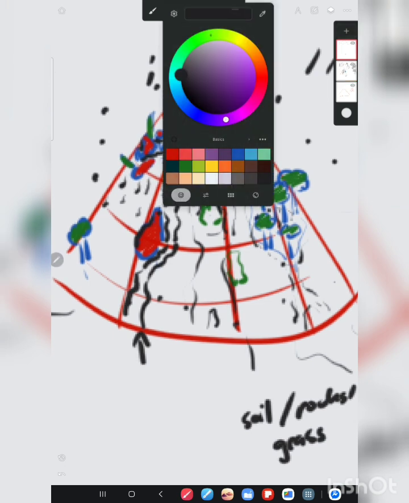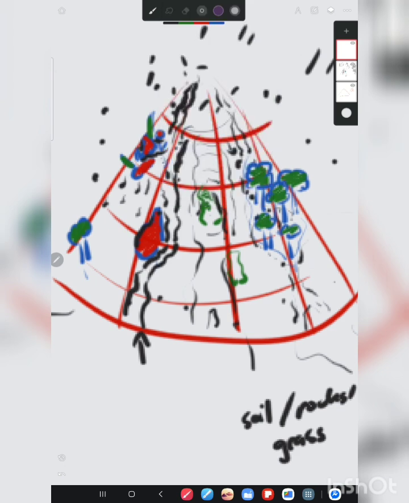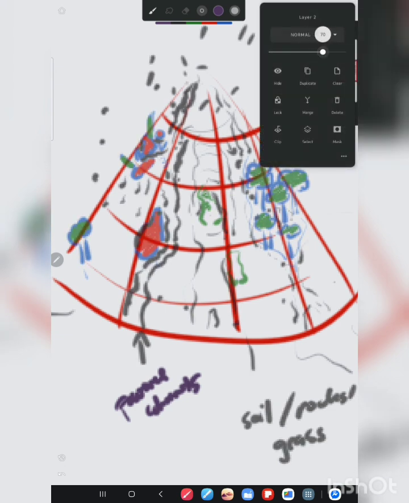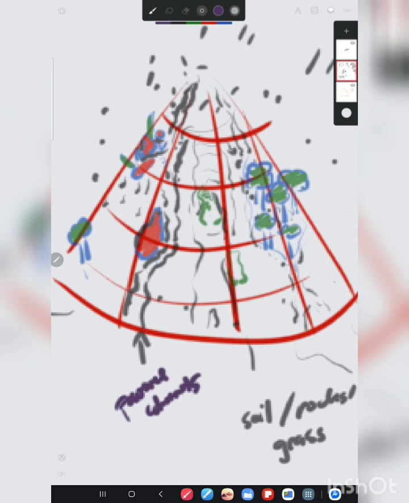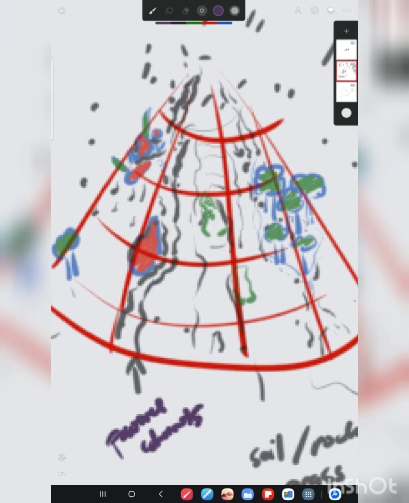How is that going to, you can sort of predict based on these favored channels, how the surface of that mountain is going to change in maybe even a decade or 100 years.